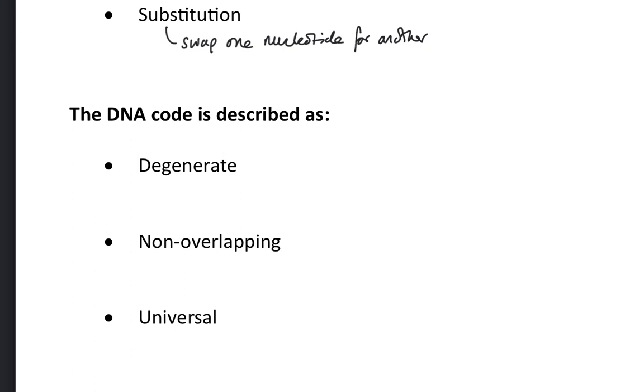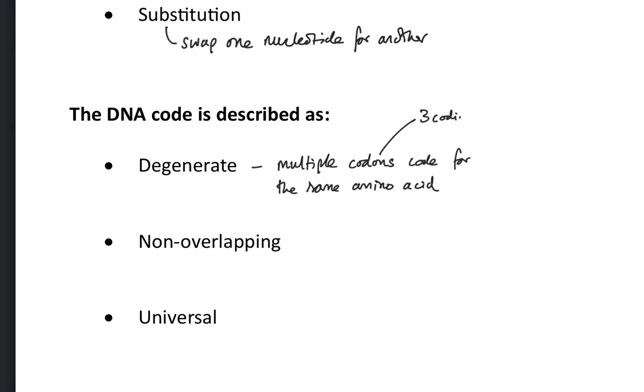Degenerate is really significant because this is where multiple codons code for the same amino acid. A codon is 3 coding bases in mRNA.